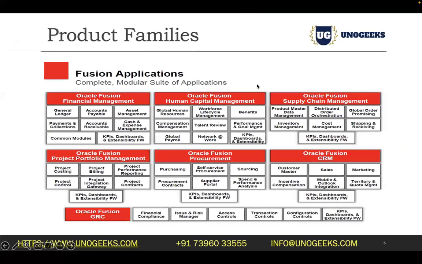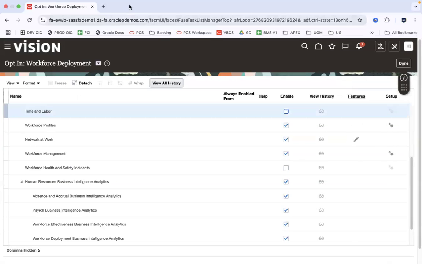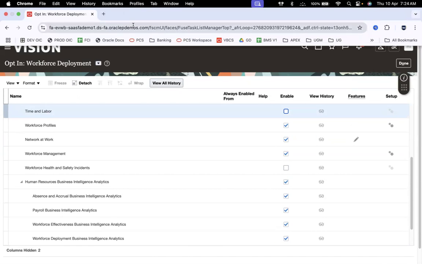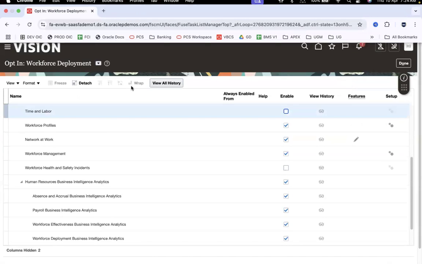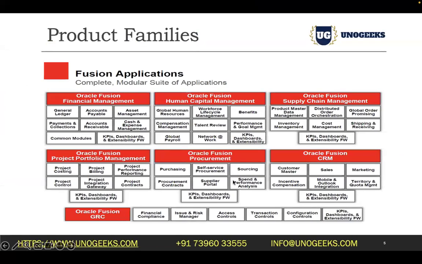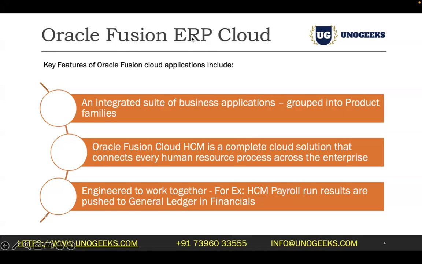So point number one, yes, Fusion application, this is how it looks like. And it is basically a cloud application running on one of the servers in Oracle Cloud. And in Oracle Fusion Cloud, you have product families with modules within them. Not every client implements all the product families. And within the product family also, clients need not implement all the modules. Okay, so Oracle Fusion ERP Cloud, it's an integrated suite of business applications grouped into product families.